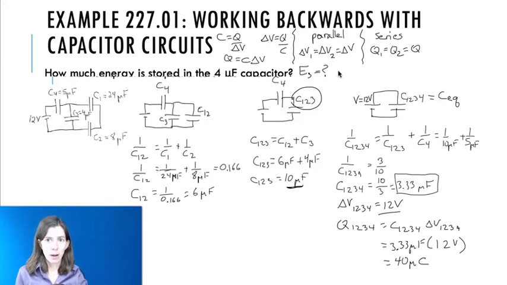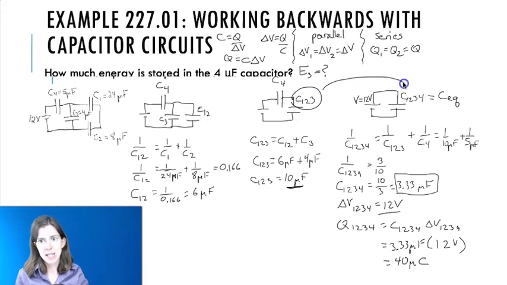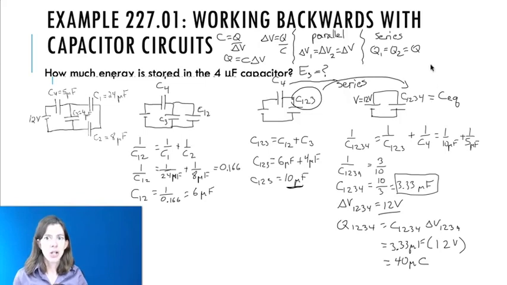So this is where what I wrote here helps us. When capacitors are connected in series, right, these two were connected in series to yield this one, then we know that the charge on the individual capacitors is equal to the charge on the equivalent capacitor. So without doing any calculation, we can bring back the charge.